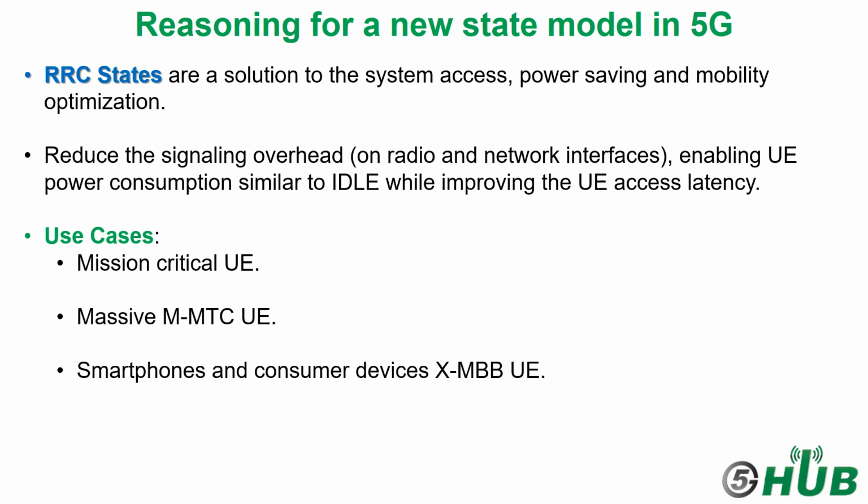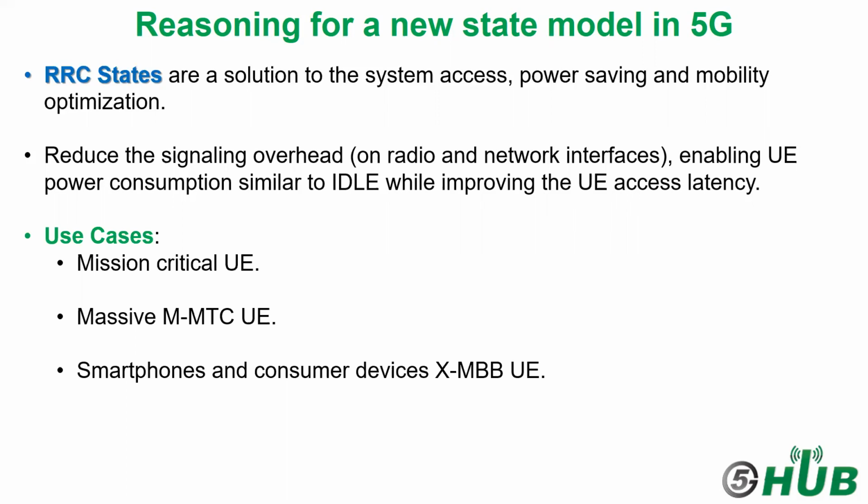And for massive machine type communication, the devices will wake up rarely from power saving mode to transmit and receive a small payload, also camping in a low activity state, and transmit uplink data and or status reports with small payload to the network.